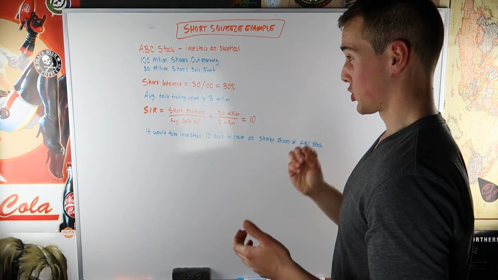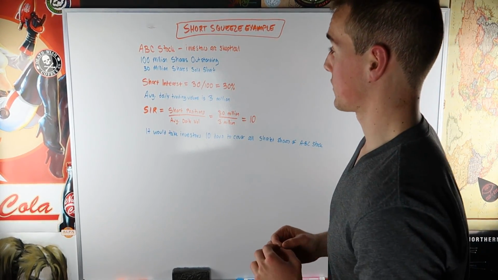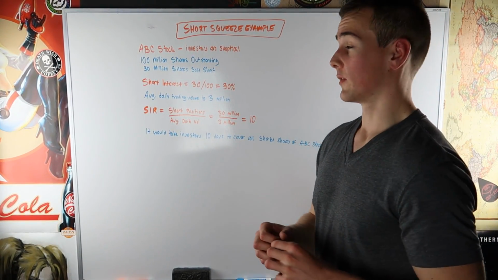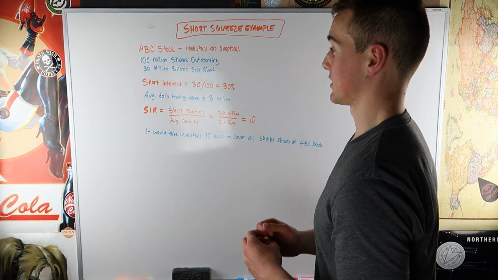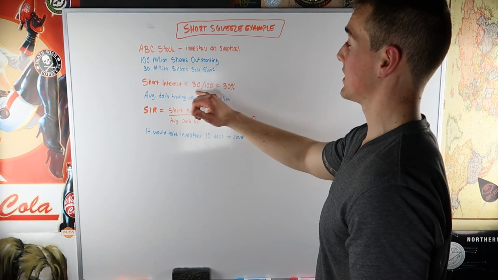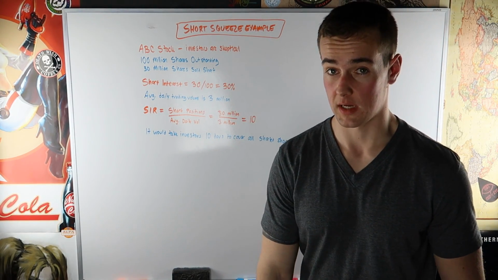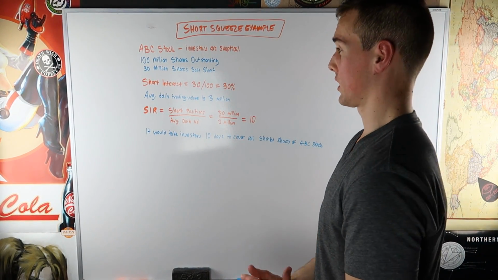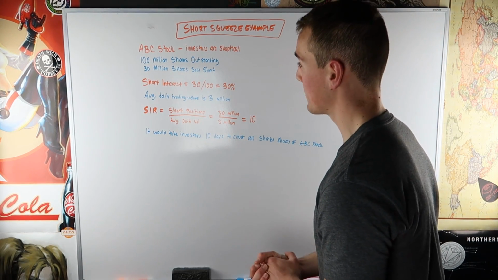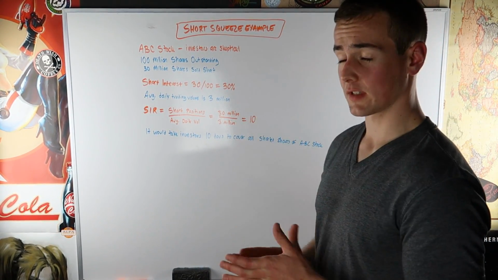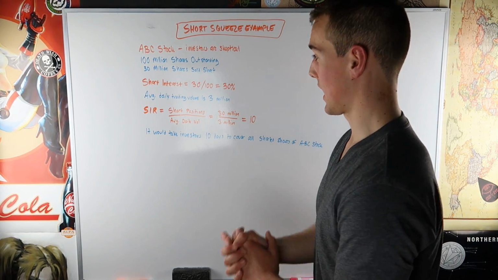So short interest is equal to the number of shares sold short divided by the overall shares outstanding. In this case, it's 30 million shares divided by 100 million shares, giving us a short interest of 30%. As we said before, a short interest over 40% is considered high.